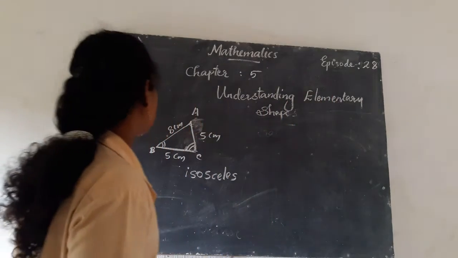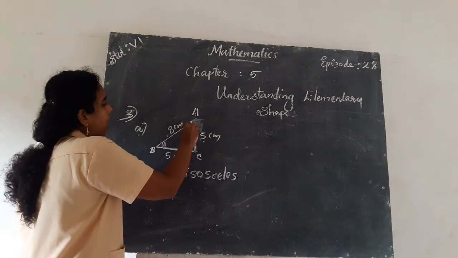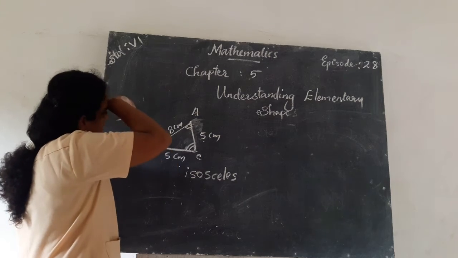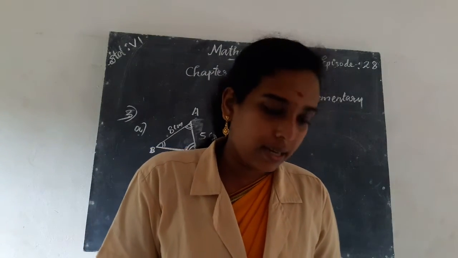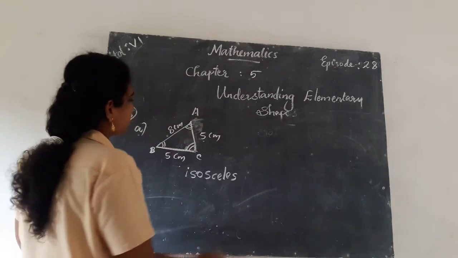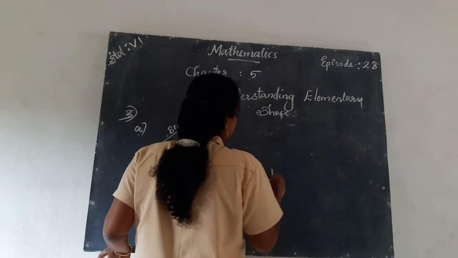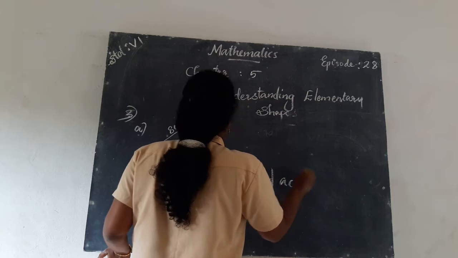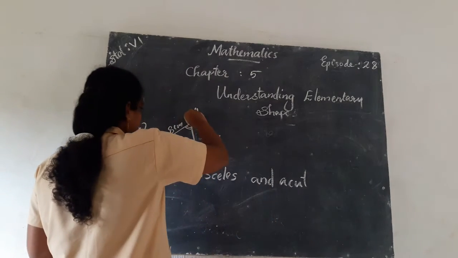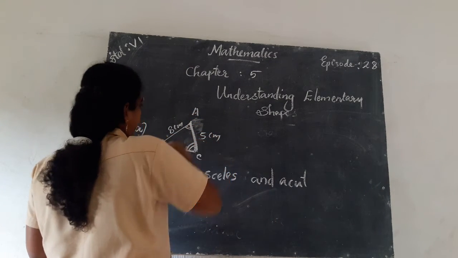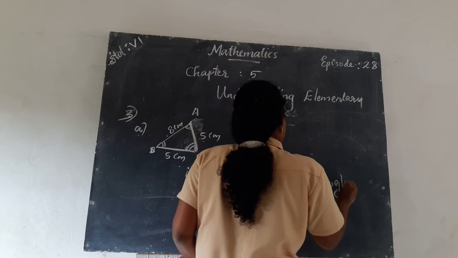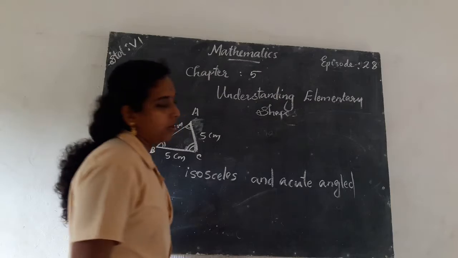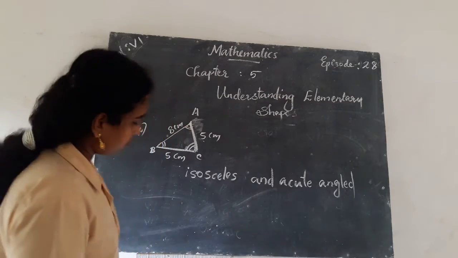If we measure the angles using a protractor, we get angles less than 90 degrees. So it's an acute angled triangle. Okay, so isosceles and acute angled triangle. It's not 90 degrees. Okay. And the second question.